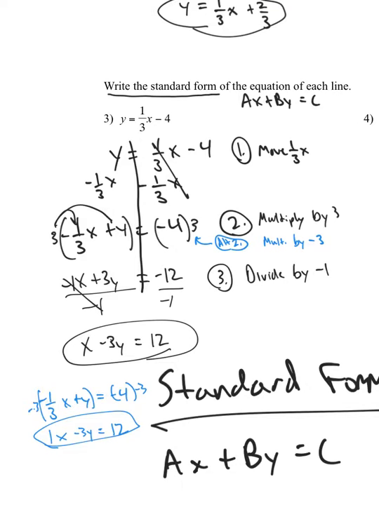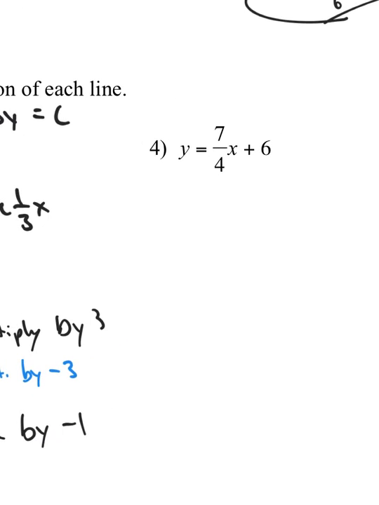Okay? All right, one last example, guys. This might be my longest video yet, so let me get through this one here. y equals 7/4 x plus 6 is our first step. We want to get rid of 7/4.